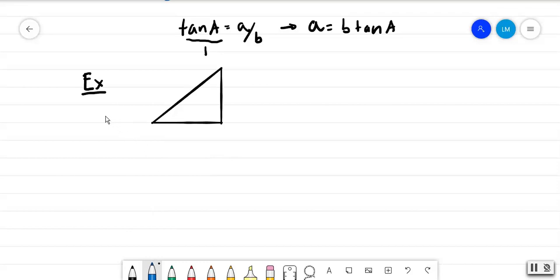And we're going to say that this angle measure is 61 degrees and 20 minutes. And then we'll say, for example, that the side is 13.8 centimeters. Now, for this, note that angle A is 61 degrees.